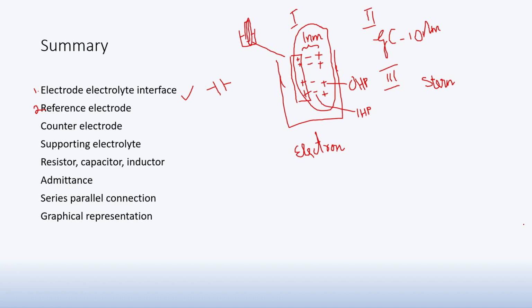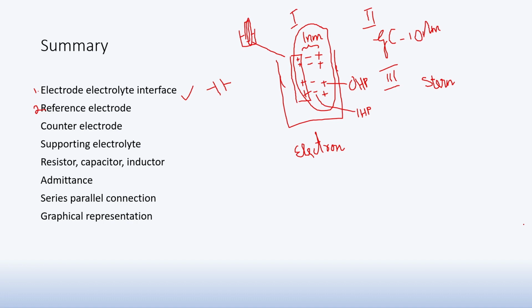What you are actually measuring is the potential of an electrode with respect to another probe, if you are using a multimeter or a voltmeter. So you cannot actually measure the potential of a single electrode on its own. So what can you do in that case? You have to measure the potential of this electrode in a different electrolyte.